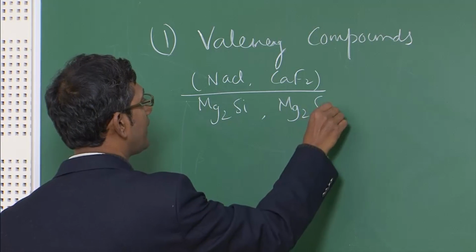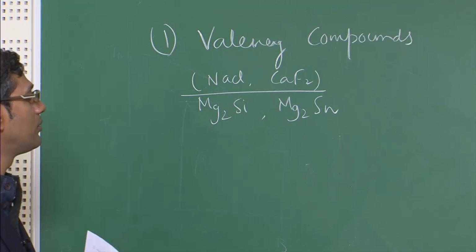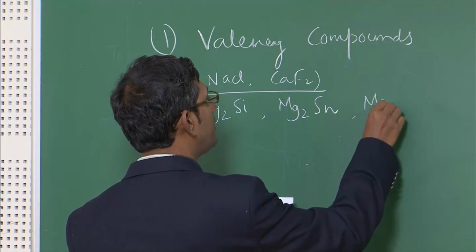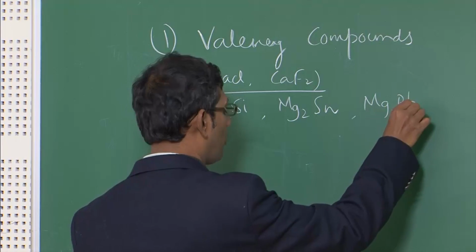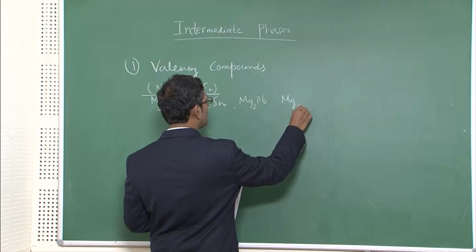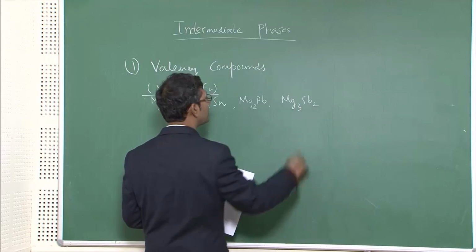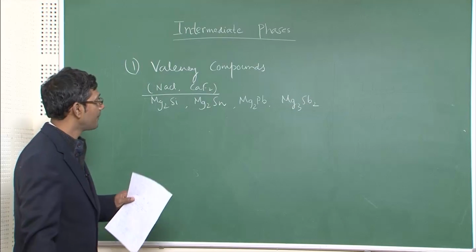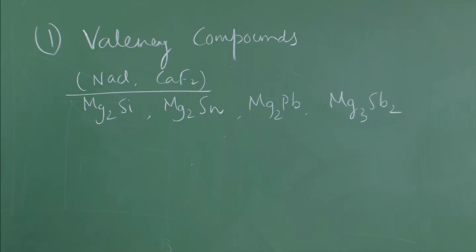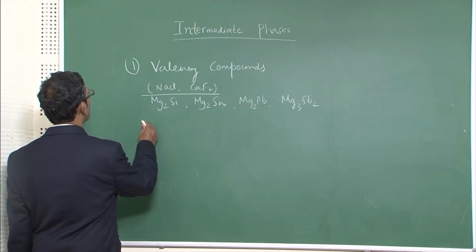So Mg2Sn is a valence compound which exists in the magnesium tin diagram, and Mg2Pb is another one, and the last one is Mg3Sb2, magnesium antimonide. These are very important, antimonides are actually thermoelectric materials, they are useful. So the first type of compounds are called valency compounds.